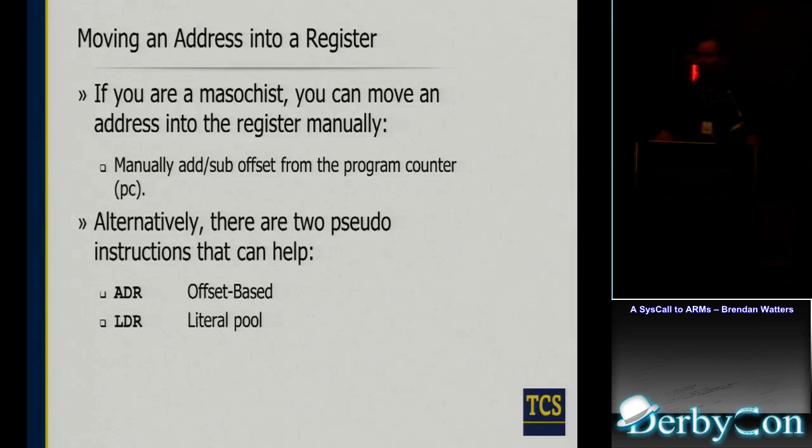I'm about to execute this line and I want to reference something that's 12 lines above me. 12 times 4 bytes, because each instruction is 4 bytes, is 48. So you'll see it say PC minus 48. This way we avoid the problem of having to get a 32-bit address into a 32-bit instruction.